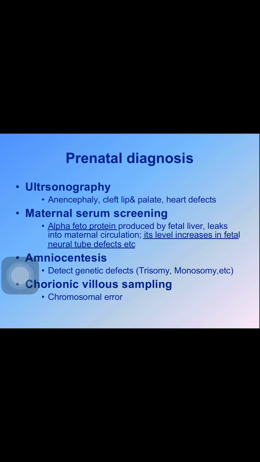How do you diagnose these defects? By ultrasonography, anencephaly is visible, cleft lip. Heart defects are also noticeable. Maternal serum screening. Alpha fetoprotein is produced by the fetal liver. It leaks into the maternal circulation.